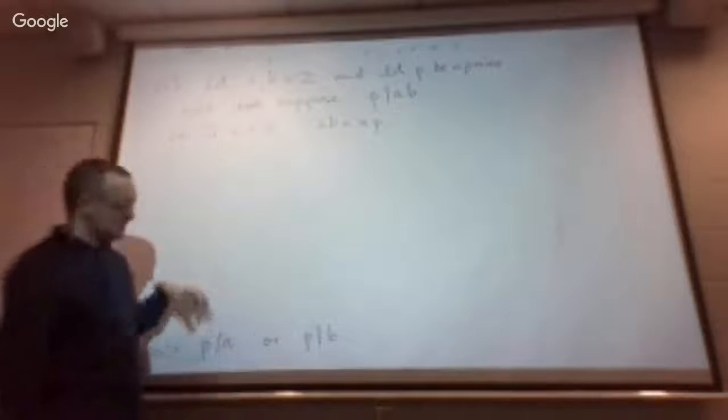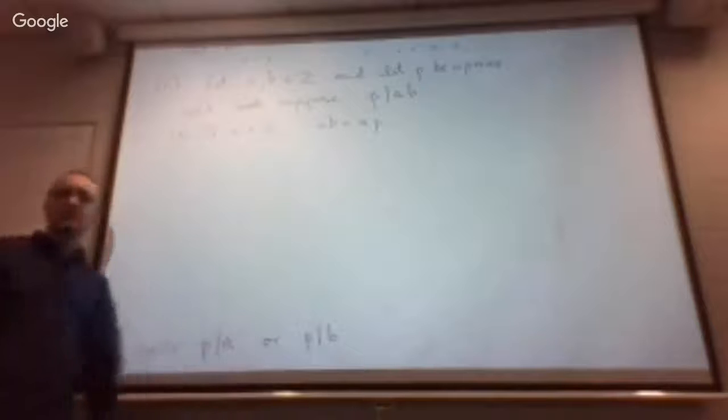But that makes it better for you, because it gives you extra information, an extra assumption to make, and a more definite, simpler conclusion to reach. Rather than trying to reach this fuzzy this-or-that conclusion, you get extra information to build your argument, and a simpler conclusion to work towards. We can home in on proving P divides B, rather than trying to home in on, well, it could be this or it could be that.